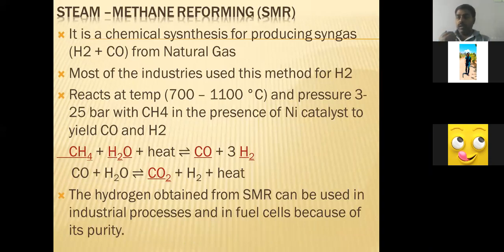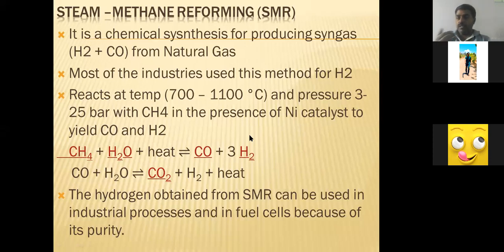To enhance the speed of chemical reactions, we have three methods. The first one is increasing the temperature, the second one is pressure, and the third one is the presence of a catalyst. So we use higher temperatures to enhance the speed of the reactions.